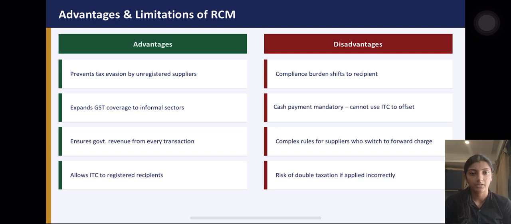And registered recipients can claim ITC on the tax they pay. Some of the disadvantages are as follows. The compliance burden shifts entirely to the recipient. Cash payment is mandatory. If a GTA switches between forward charge and reverse charge, the rules become complex and confusing. And if applied incorrectly, there is a risk of double taxation.